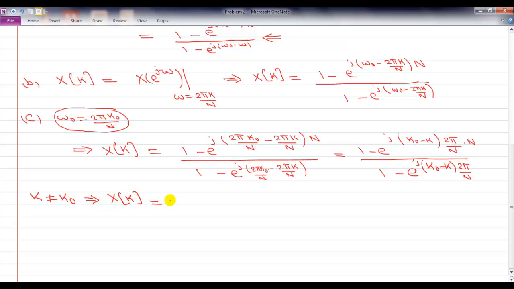In that case, X[k] is 1 minus, so I have this capital N cancels with capital N, 1 minus e to the j (k naught minus k) times 2 pi, over 1 minus e to the j (k naught minus k) 2 pi over N. So when k is not equal to k naught, first of all, my denominator is not equal to 0.